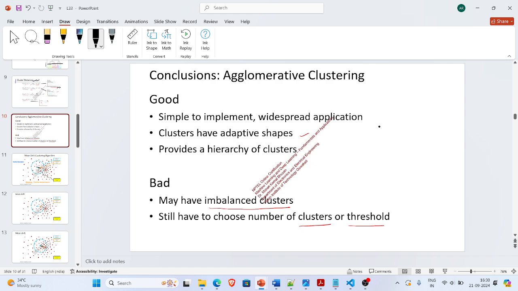So this agglomerative clustering has widespread application. A hierarchy of clusters happens, and we can control the clusters. But we still have to choose the number of clusters or a threshold here. So that's the problem here.